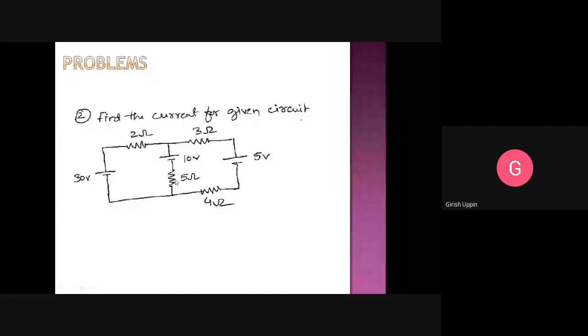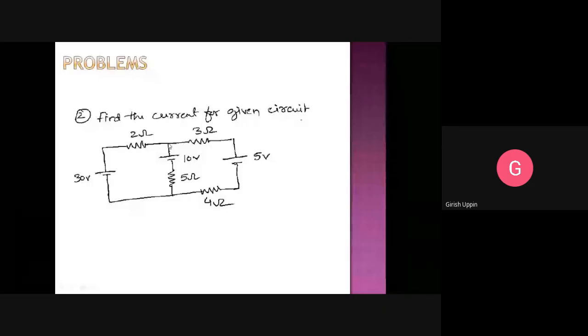Better than that, what you can do is apply Kirchhoff's current law here itself, so that right away we can reduce one unknown. How to do that? I1 is the current flowing here, and let us say I2 is the current here.